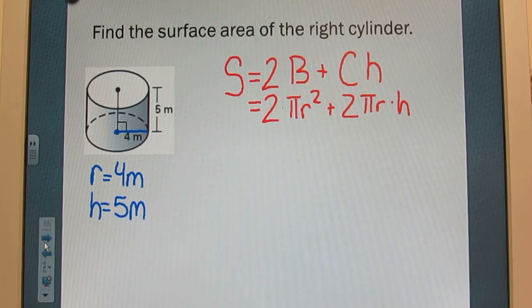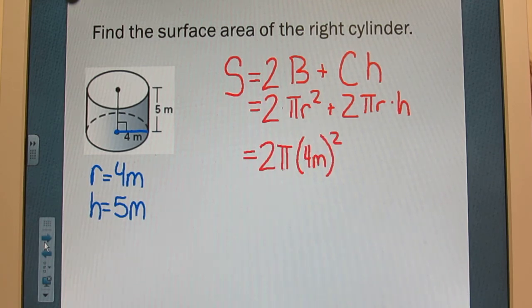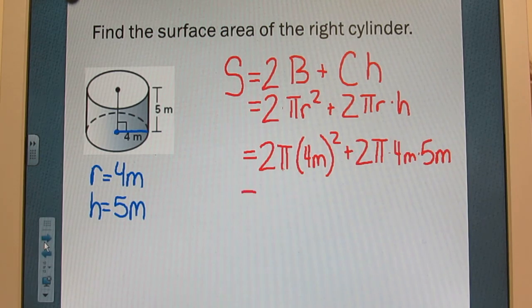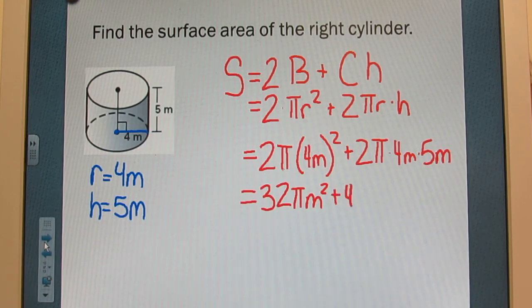So all I'm going to do is substitute these values into my original equation. Simplify it and leave it in absolute terms of pi.